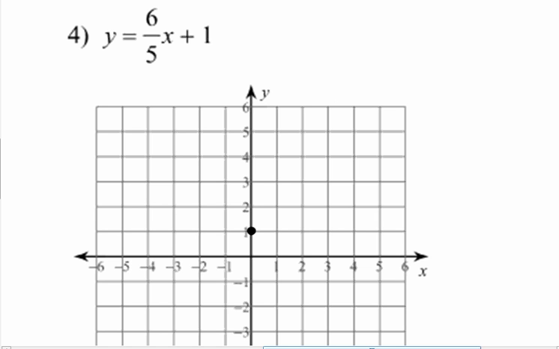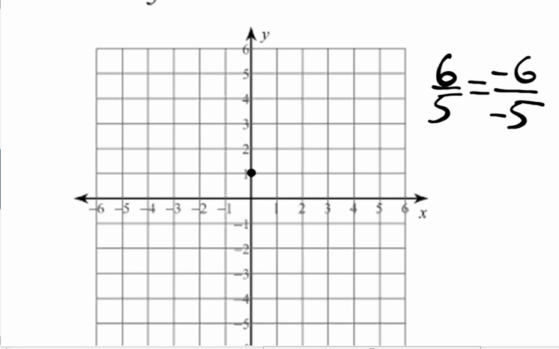So what we're going to do is we can write 6/5 as -6 divided by -5, because two negatives make a positive. So now, instead of rising 6, running 5, we're going to go down 6 and go backwards 5. Because that puts us on our coordinate plane, and it's a little bit easier to see. Or to be exact, I guess. But you can see that the function would go through the point that I had previously put there. But this is just a little bit more exact.